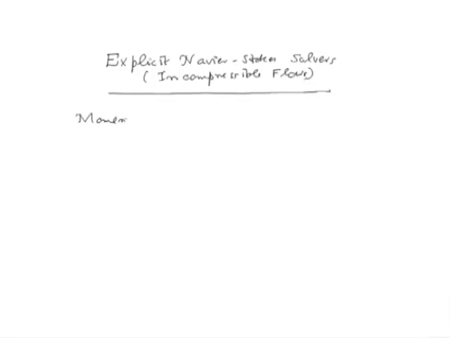So, let us write our momentum equations. Del of rho V i over del t plus del over del x j of rho V i V j equals minus del p over del x i plus del tau i j over del x j. For the time being, let us ignore the source terms. If they are present, they could always be combined together with the pressure.